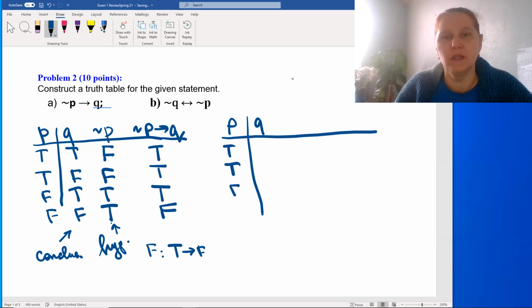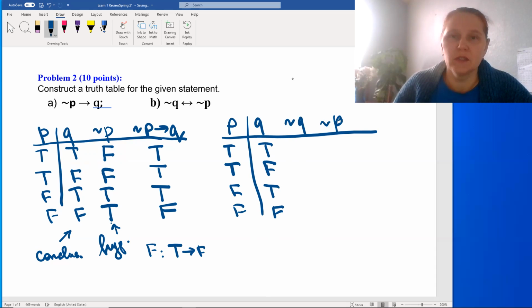T, T, F, F, T, F, T, F. And here we need both not Q and not P. So not Q, we take the opposite of Q. T becomes F, F becomes T. And not P, we take the opposite of P. So T becomes false, false becomes T.